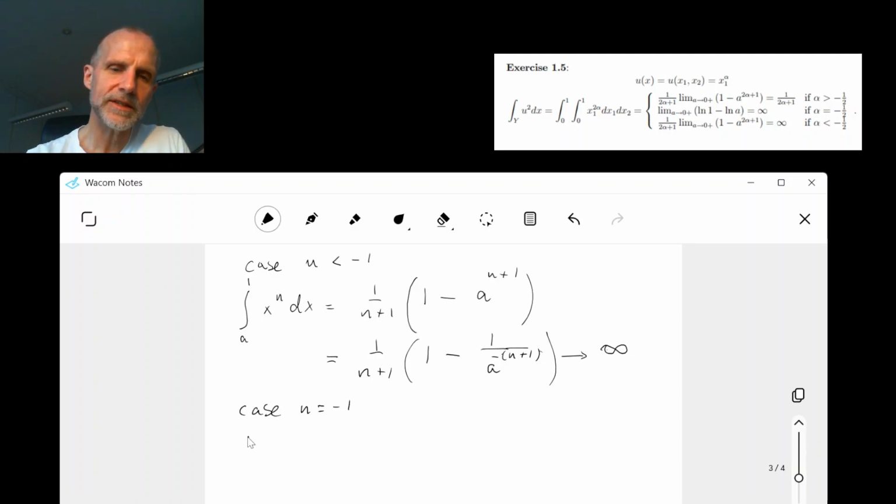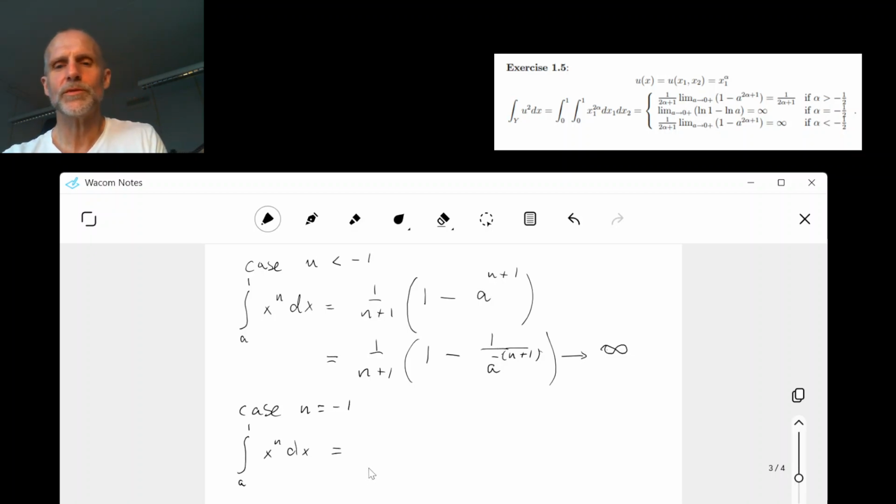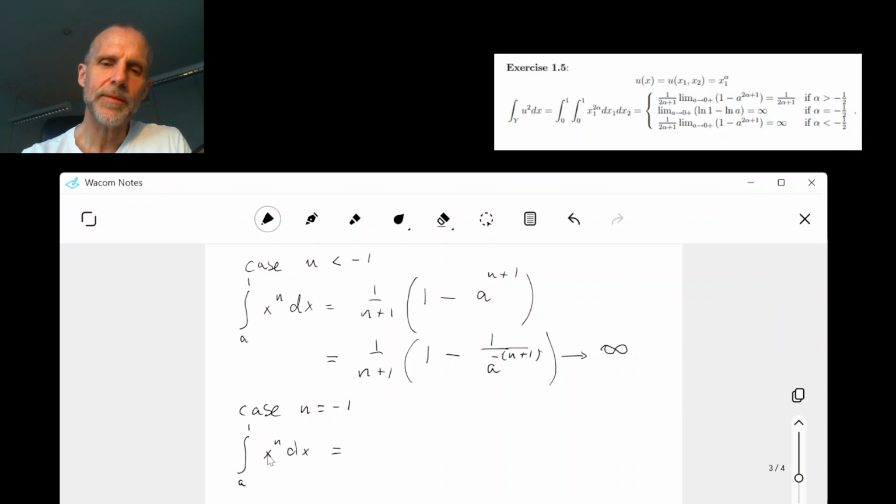So in this case, the integral from a to 1 of x to the power of n dx is just equal, we recall that the primitive function of this integrand is just equal to the logarithm of x.